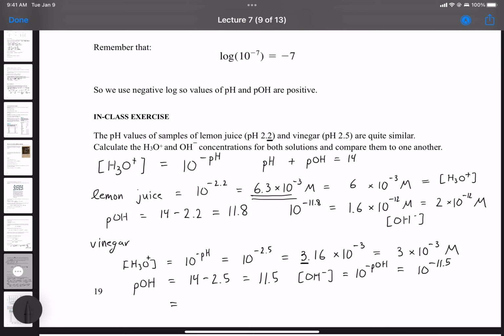We get 3.16, identical answers pretty much, just different exponents. 3.16 times 10 to the negative 12 molar. So we would round this to 3 times 10 to the negative 12 molar.